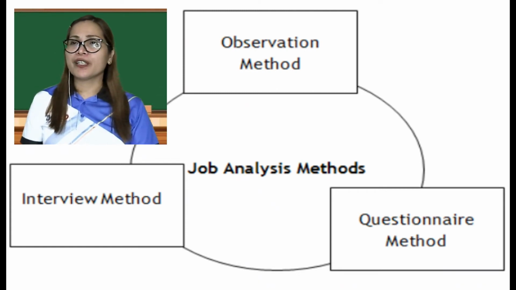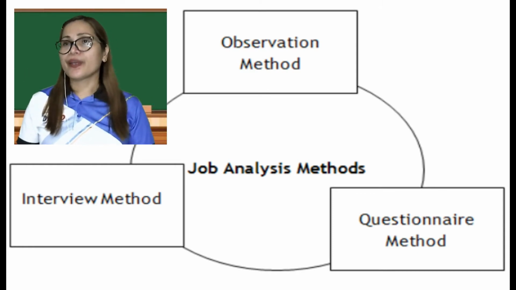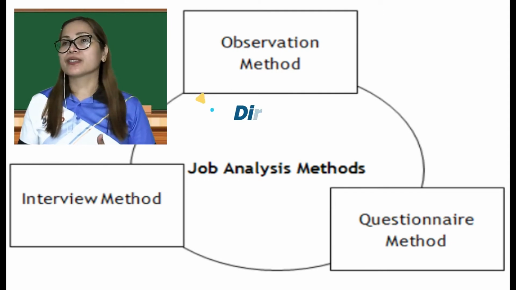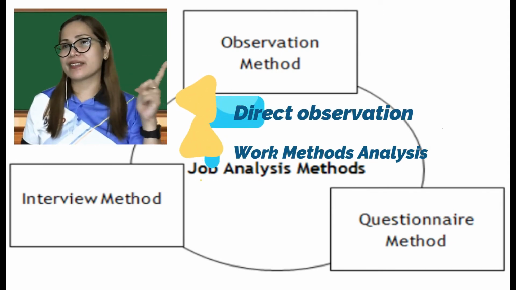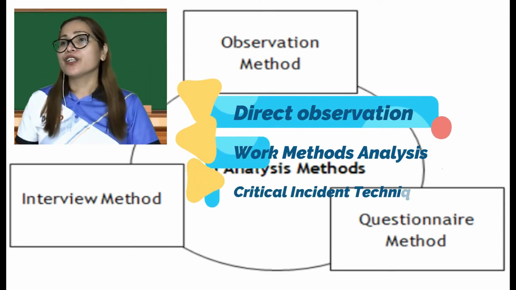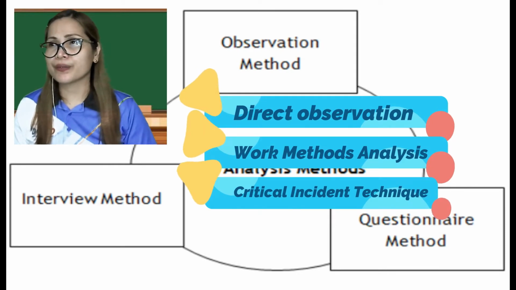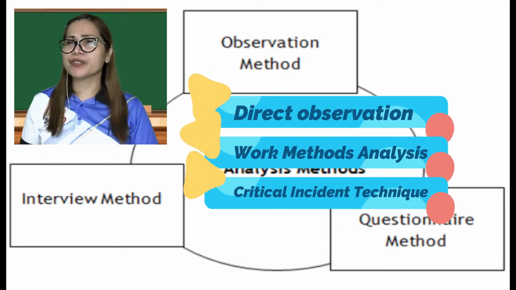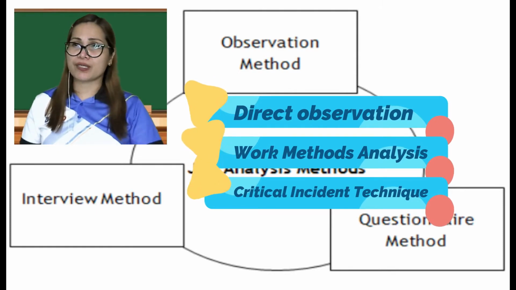This particular method includes 3 techniques: direct observation, work method analysis, and critical incident technique. The first includes direct observation and recording of behavior of an employee in different situations.